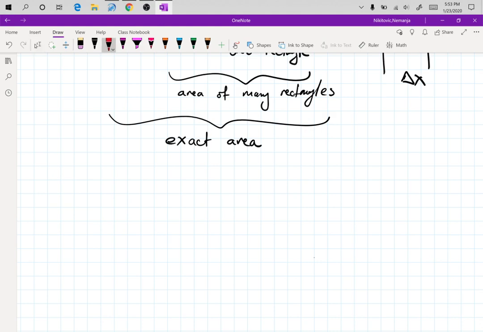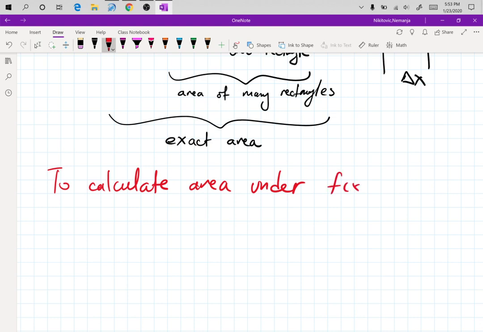So now, to calculate the area under f of x, all we need to do is to say the area equals the integral of f of x on the interval a to b, right? I have to put that.